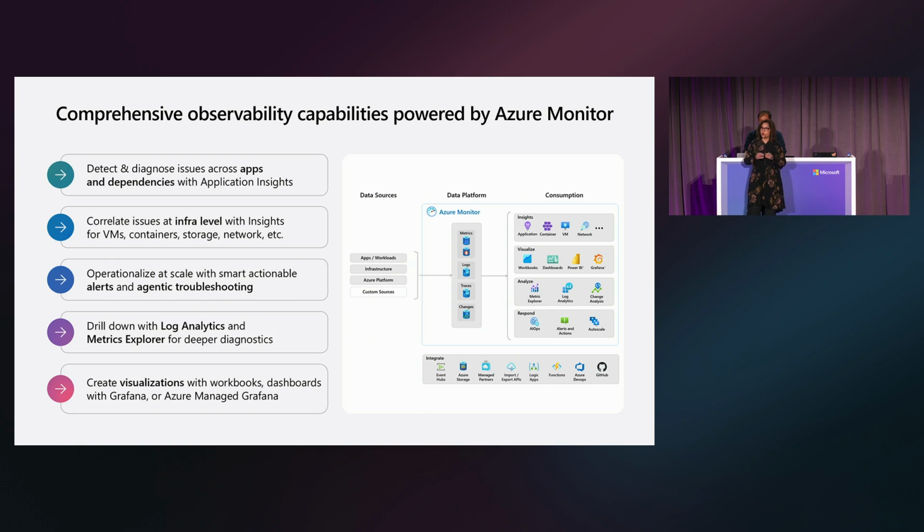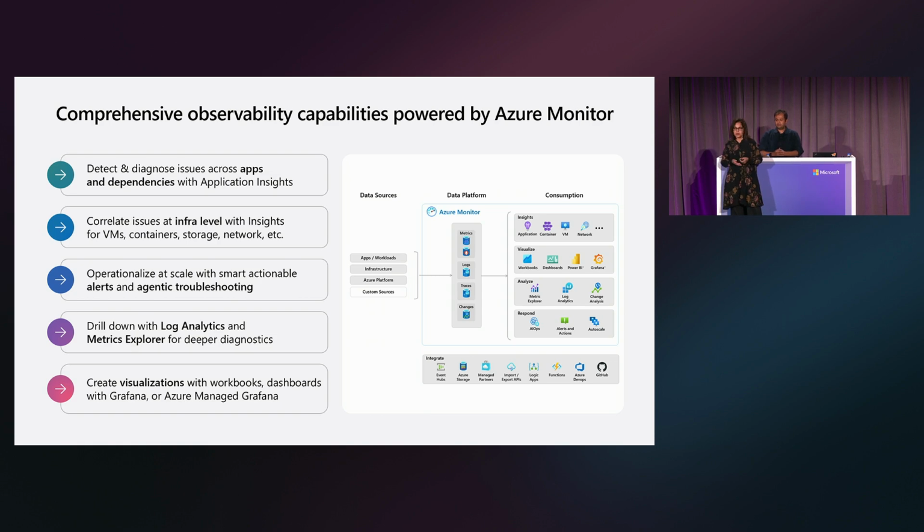Azure Monitor has a wide breadth and depth of capabilities. You have application insights where you can detect and diagnose issues across applications, workbooks and dashboards integrated with Grafana for rich visualizations, and you can correlate issues at the infrastructure level with insights for VMs, containers, storage, networking, and more.